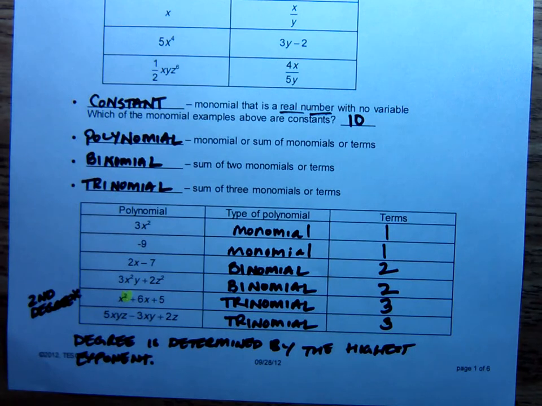It'll come up here and there on taking tests and stuff like that. You'll hear it for the next 3 years. You know, what degree is this? Blah blah blah blah. Just understand that the degree is based on the highest exponent. All right, let's move on.